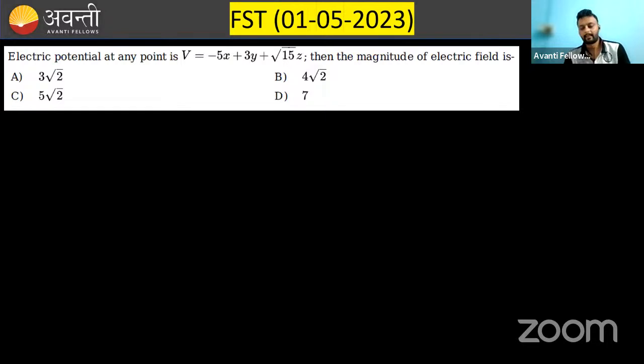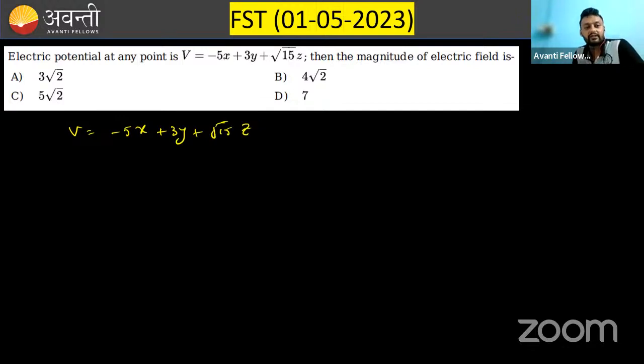Next question. All these questions were taken already, I think, during the classes. This is a question from electrostatics, of potential and electric field. Potential is given as V equals minus 5x plus 3y plus root 15 z.